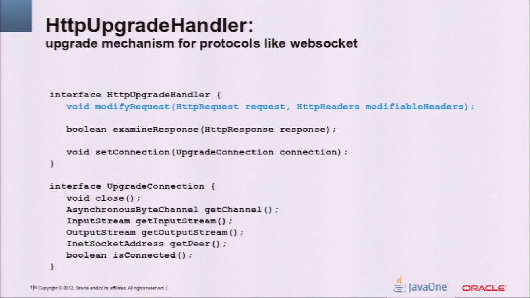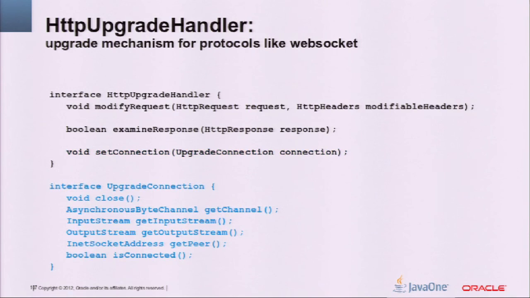That allows the handler to add in special headers that may be specific to their protocol, and it also allows them to examine responses to make sure that the expected headers in the response have come back. And then finally, set connection is called. This is where the client hands over the TCP connection to the protocol implementation, such as WebSockets.